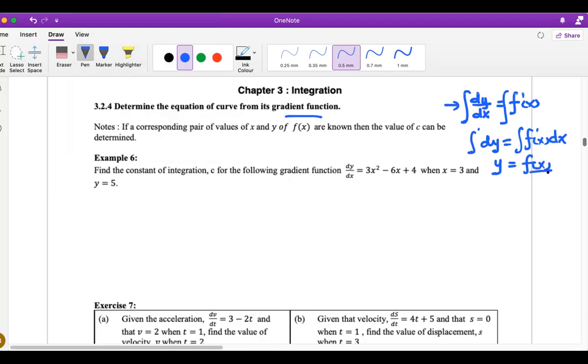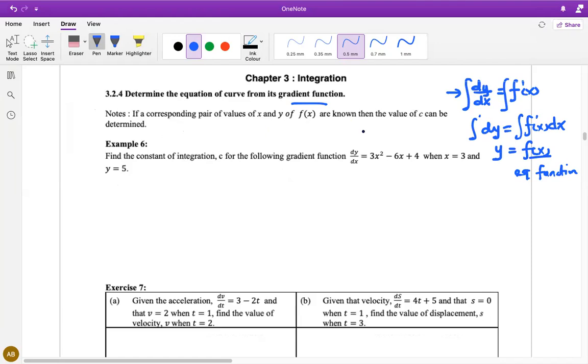So this is your equation of function. Meaning that if we want to get the equation of the function, we just integrate the gradient function. Right, so let's see example 6.